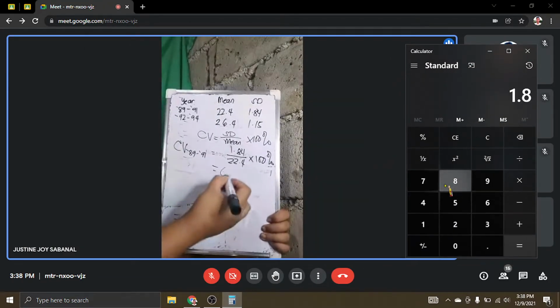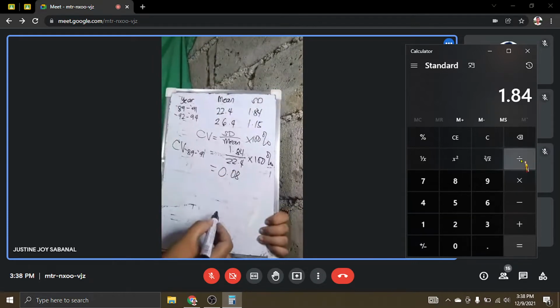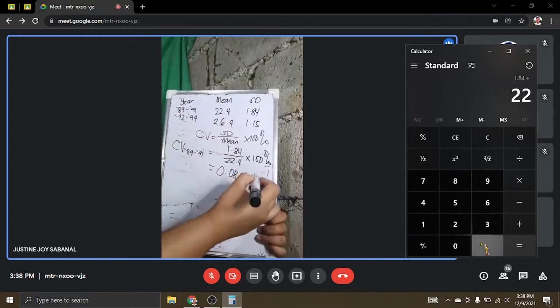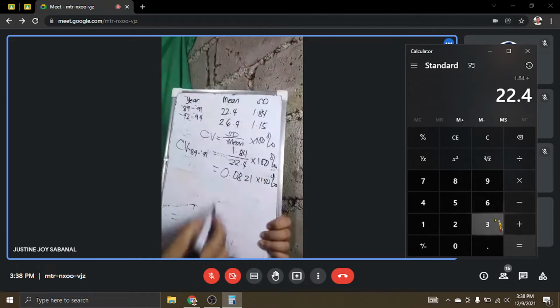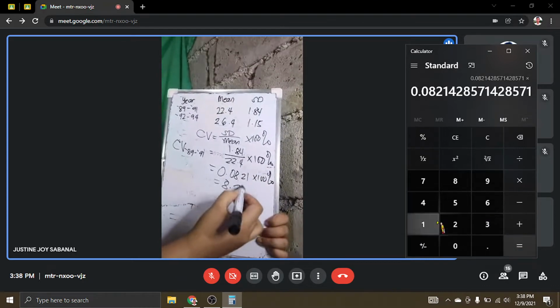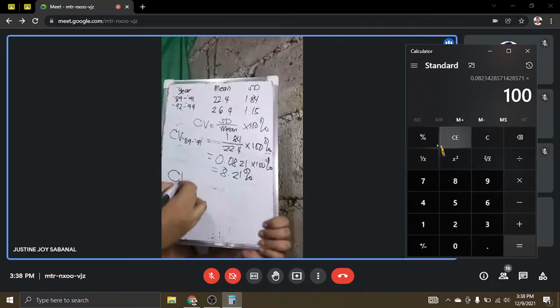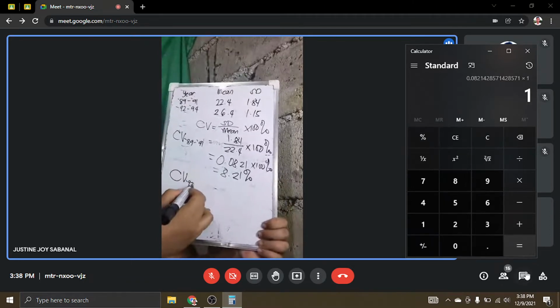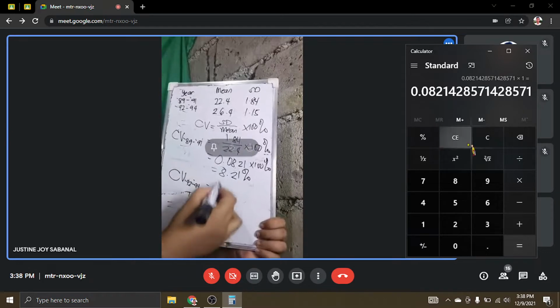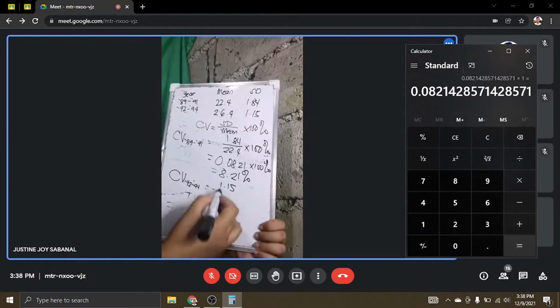So we have a quotient of 0.0821 times 100%. So that is 8.21% po.